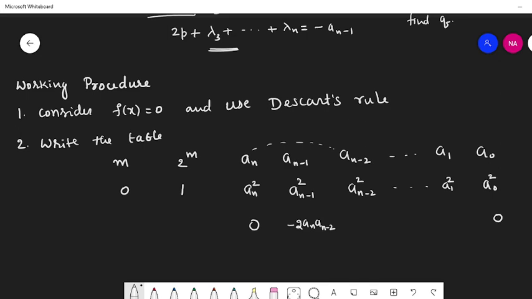Then minus 2 into an minus 1 an minus 3. Continuing this way, we finally get minus 2 into a2 a0.